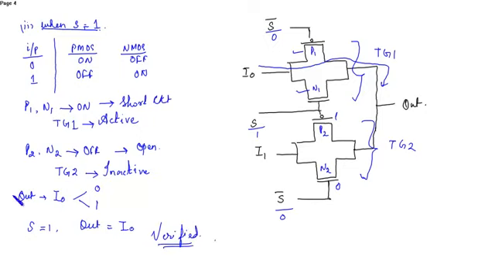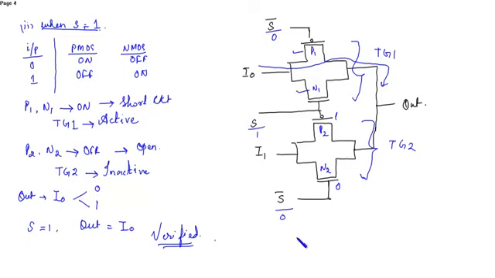If you want, when S is equal to 1, the output should be I1, and when S is equal to 0, out should be I0, we have to just replace this by I0 and this by I1.